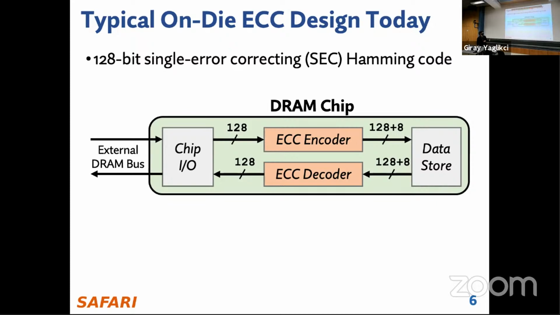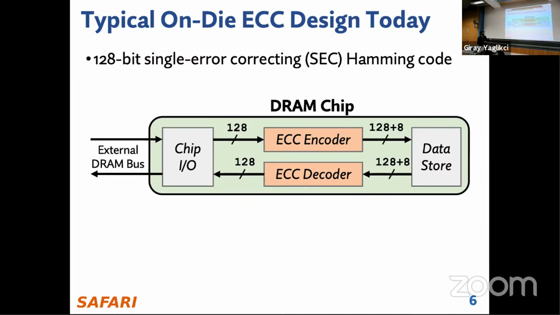The IO logic breaks up this communication into 128-bit pieces. Each 128-bit word first goes through ECC encoding logic, which adds some additional metadata to these 128 bits. You end up with 8 additional metadata bits for a total of 136 bits, and that's what gets written to the data store.